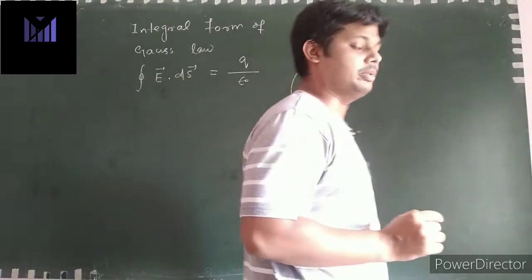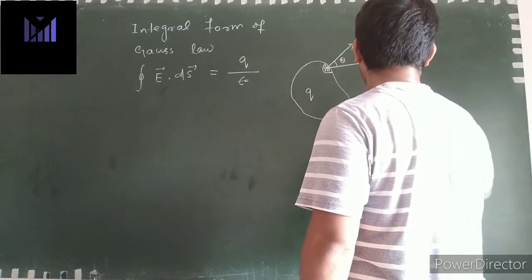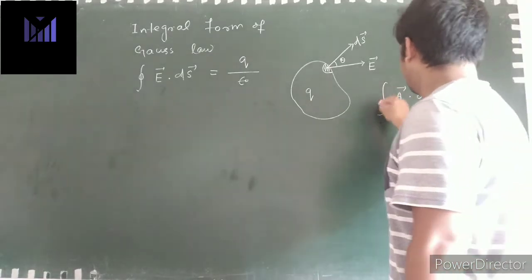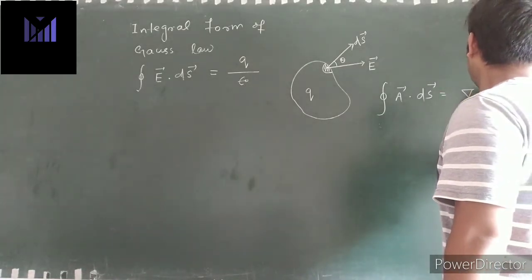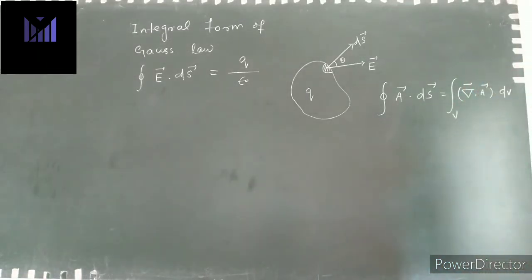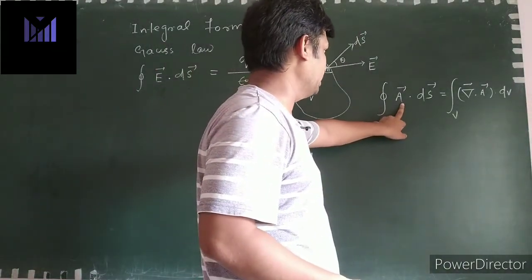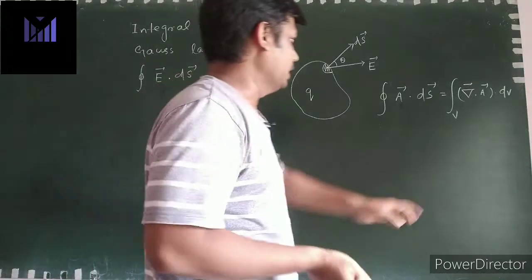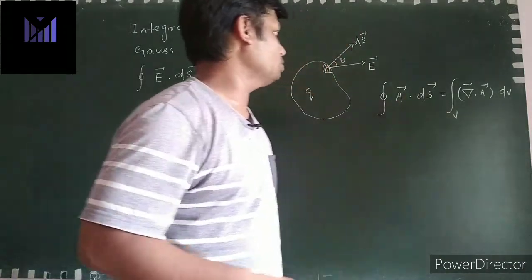It says that if there is any vector quantity, let's say A, and we integrate A dot ds over the surface of a closed volume, then it will be equal to the volume integration of the divergence of A throughout the volume which is enclosed by this closed surface.